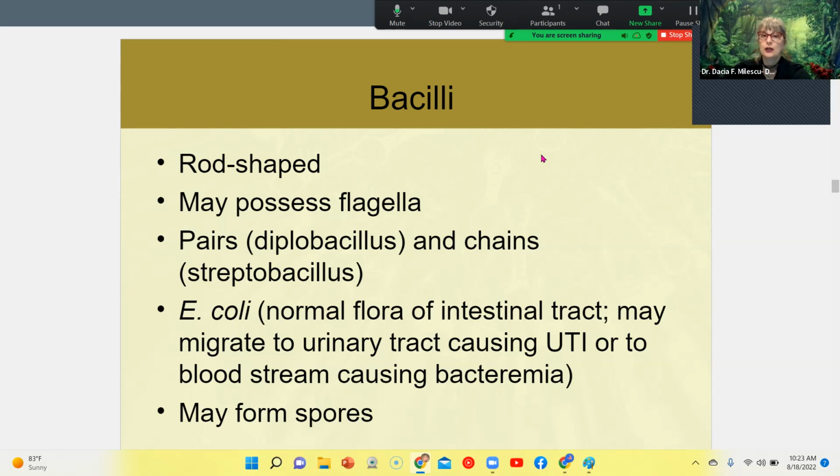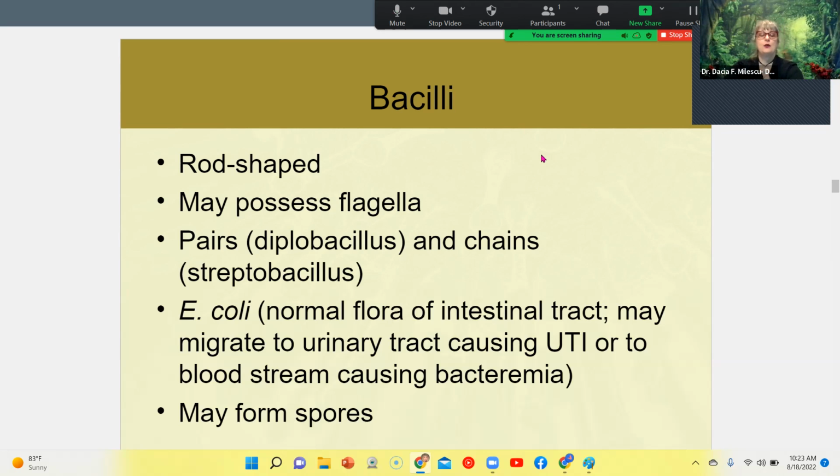We can have E. coli, which is a rod-shaped bacteria. This is normal flora of the intestinal tract. But if it happens to migrate, maybe perhaps due to poor hygiene or poor wiping, if it migrates to the urinary tract, it will cause a urinary tract infection. If it gets into the bloodstream, it can cause bacteremia, sepsis, and death.